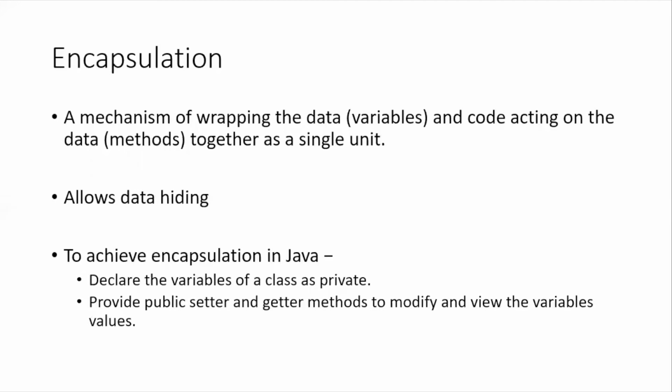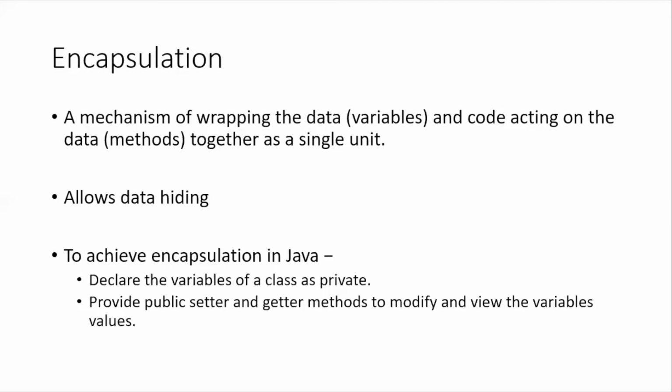Next, what is provided, or the outcome of encapsulation, is data hiding. Data security is what is focused on by object-oriented programming languages. So data hiding is effectively implemented through encapsulation. So how are we going to achieve encapsulation, and through that achieve data hiding? We are going to create variables in a class and make them private.